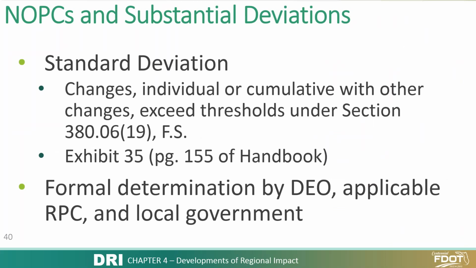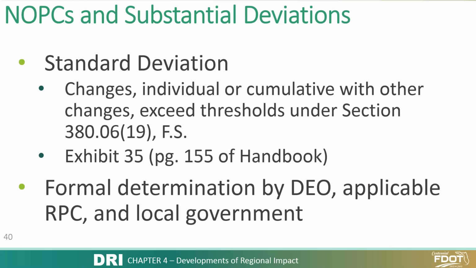Now, FDOT reviewers should review NOPCs to see if the change will cause a substantial deviation from an approved DRI's development order. A substantial deviation is any change, individual or cumulative with other changes, which exceeds thresholds that are documented underneath Section 380.06, subparagraph 19.